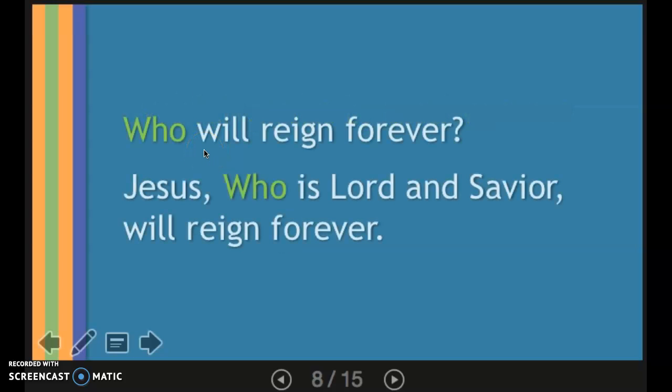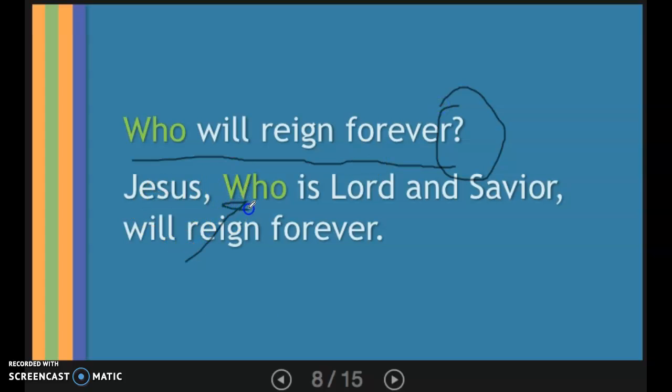Now, also one thing to remember, one thing I forgot to point out. Sorry. This sentence, this is an interrogative pronoun because it asks a question. In this sentence, it's not an interrogative pronoun because it does not ask a question.